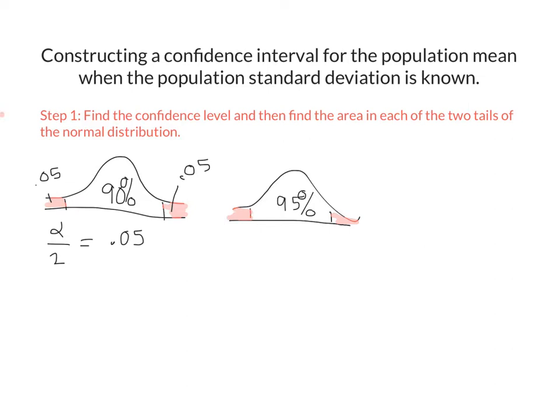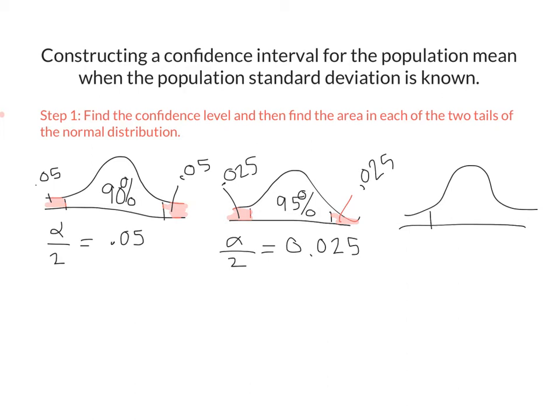So the area for each tail would be 0.025 in the right tail and 0.025 in the left tail. That means my alpha over 2 is going to be 0.025. Now let's look at the 95% confidence level.